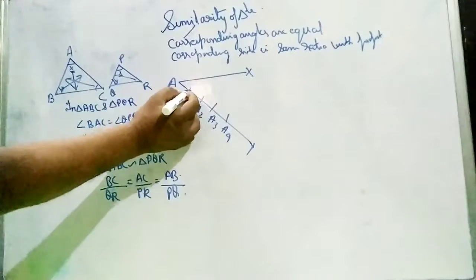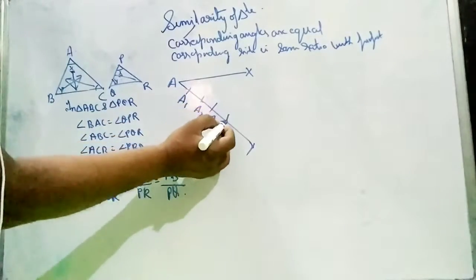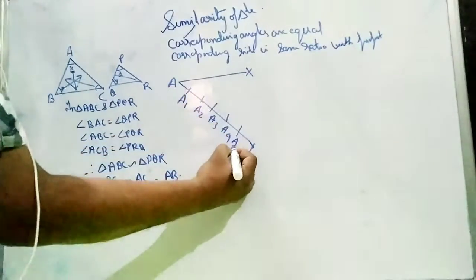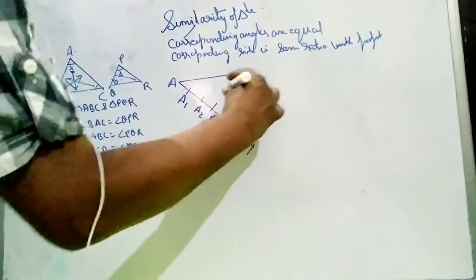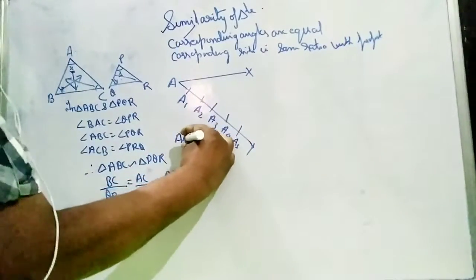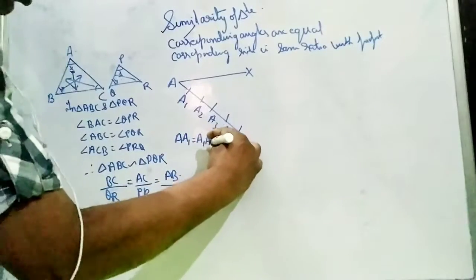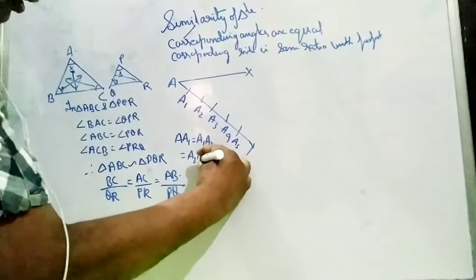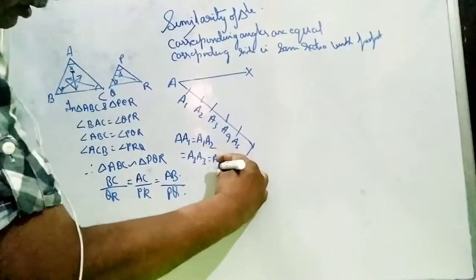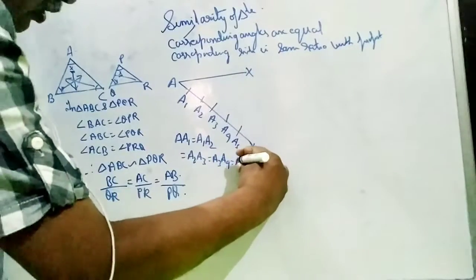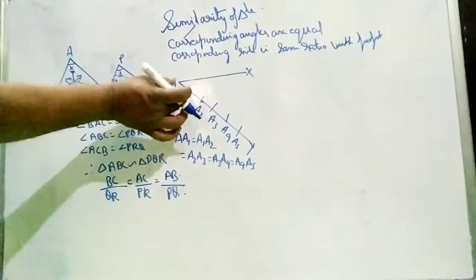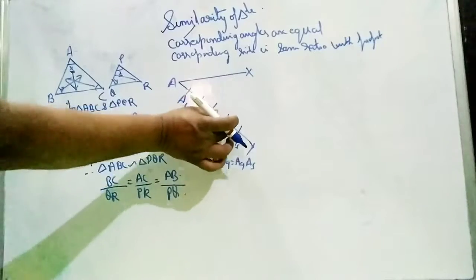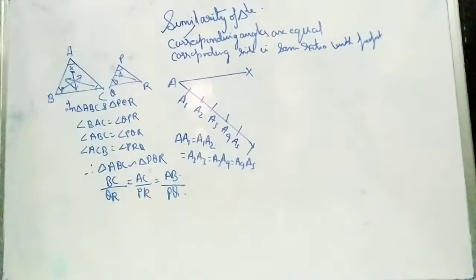This is the first part, second part, third part, fourth part, and fifth part, such that AA1 is equal to A1A2 is equal to A2A3 is equal to A3A4 is equal to A4A5.